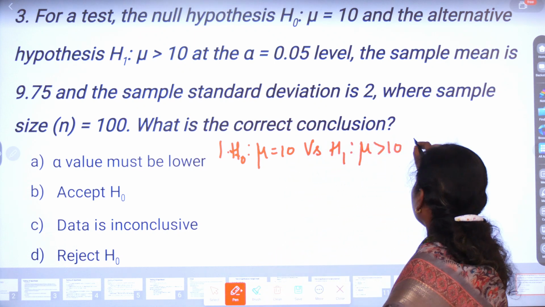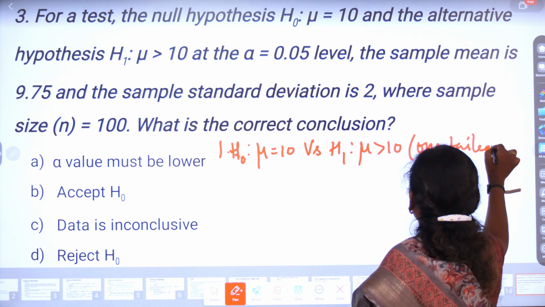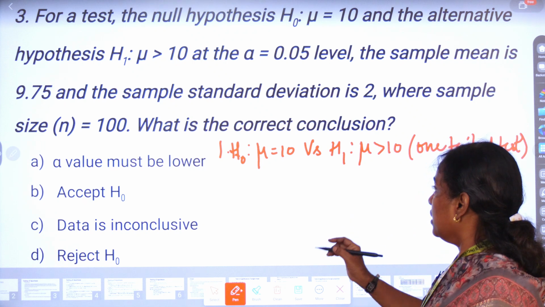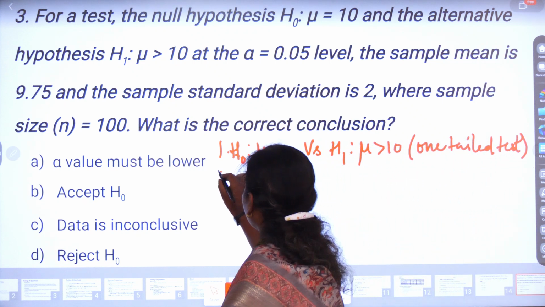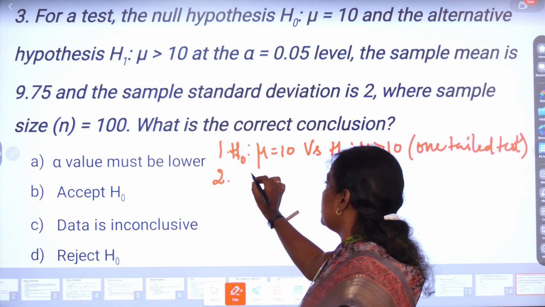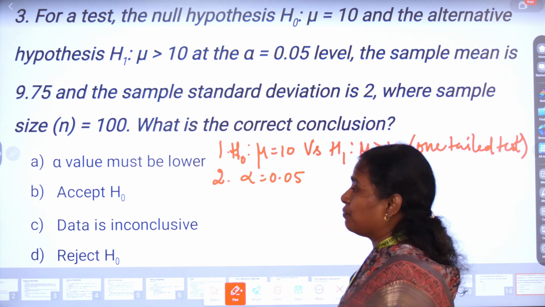So this is a one-tailed test, because we have greater than 10. The second step is, you have to fix your criteria, and they have given in the question alpha is equal to 0.05.